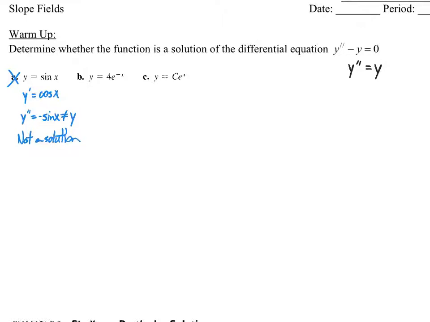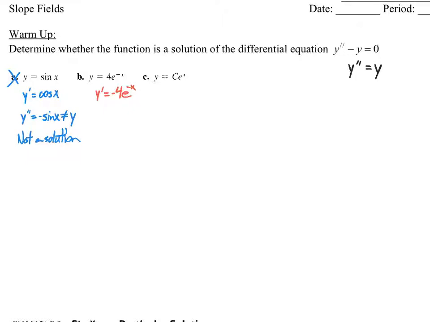Okay? So now how about b? What's y prime here? You keep what's there and you take the negative of the x. You write it down exactly as it is and then multiply by the derivative of the exponent, which is negative 1. So negative 4e to the negative x.